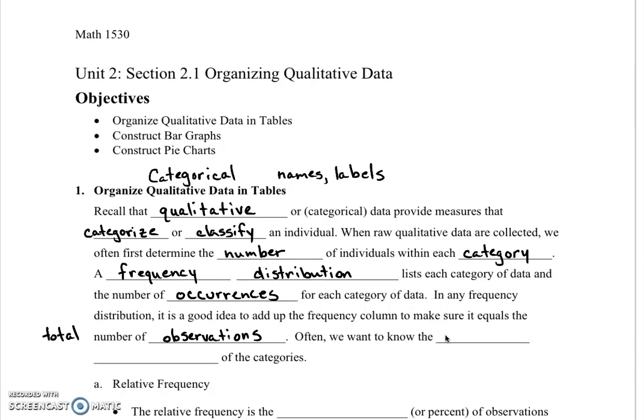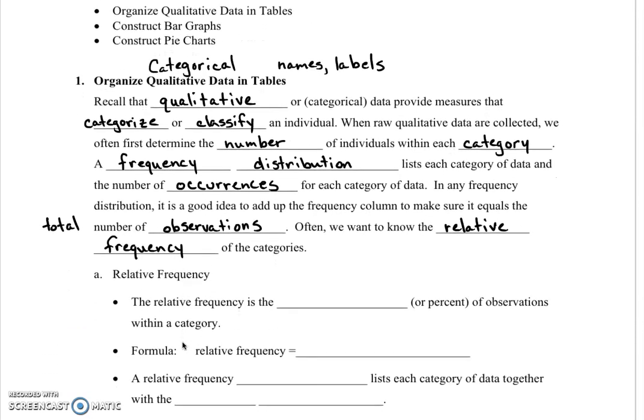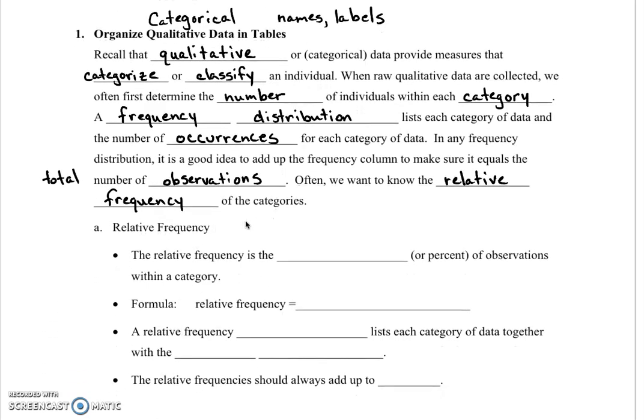And often we want to know the relative frequency of the categories. Now, relative frequency is really the same as the probability of randomly picking one person and having them be in that category.